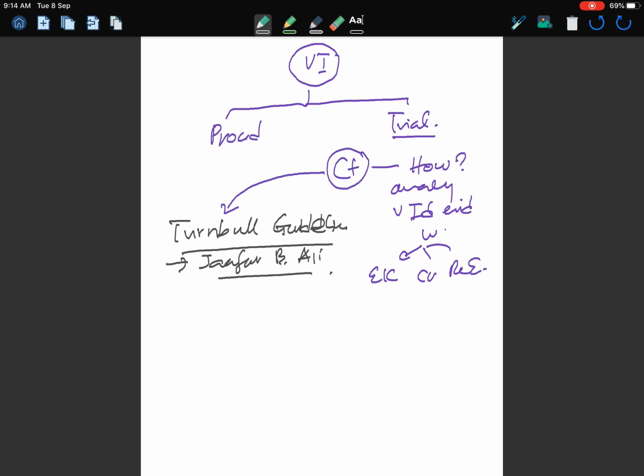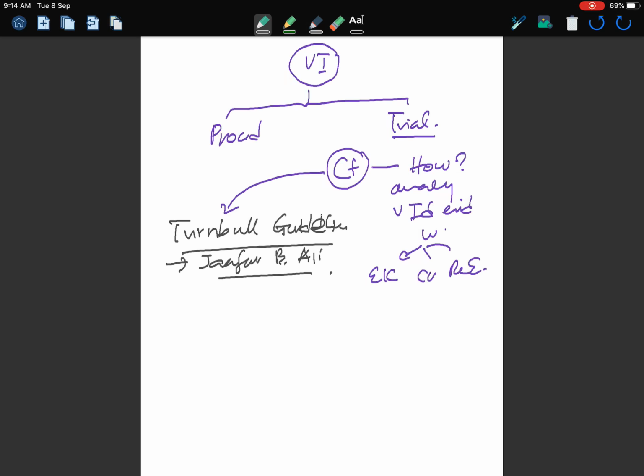Now the Turnbull guideline here, of course, is a common law decision. Because of that, it has to be incorporated in Malaysia, and it has been approved in the case of Ja'far bin Ali. So Ja'far bin Ali has taken in the Turnbull guideline as part of our law, but it has to be modified.